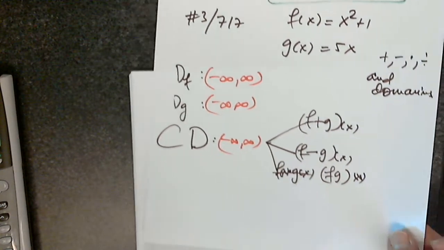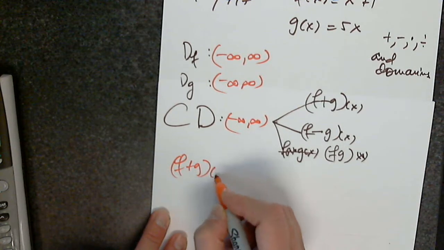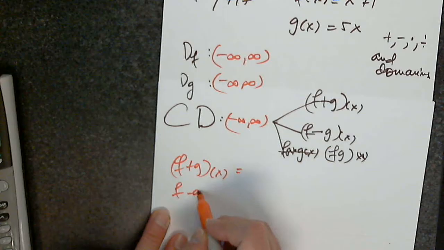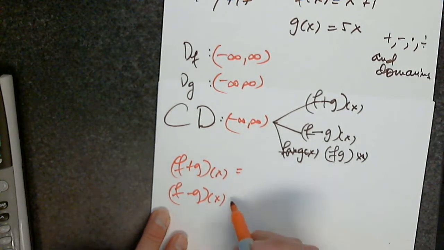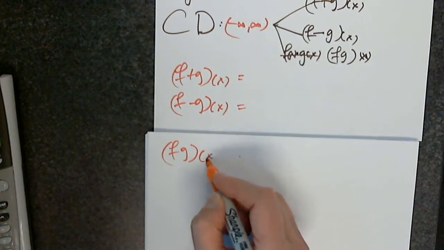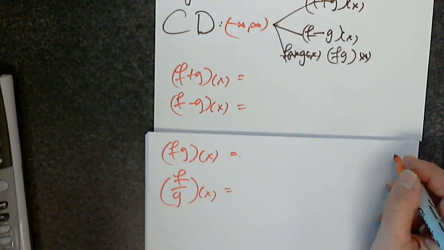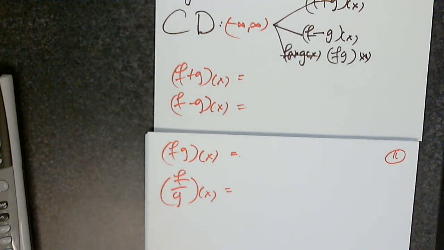So let's find now the sum, the difference, and the product. So I want to find f plus g, f minus g, fg, and finally f over g. So let's find them.